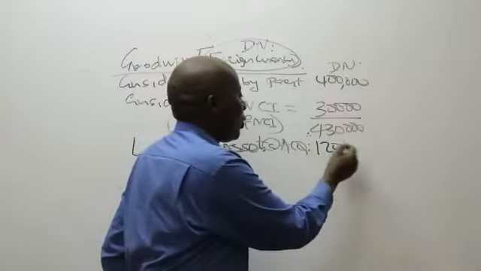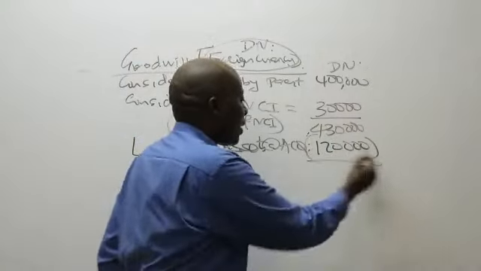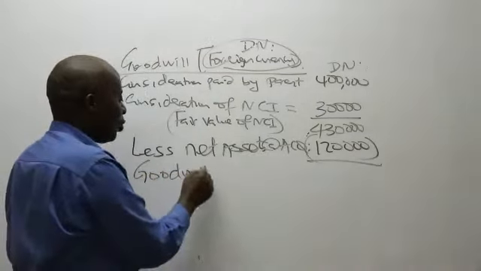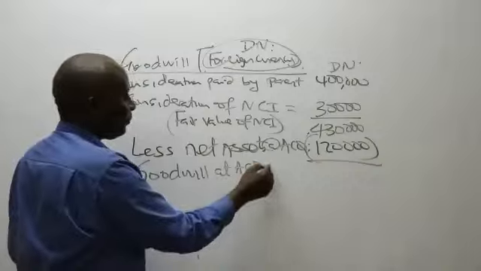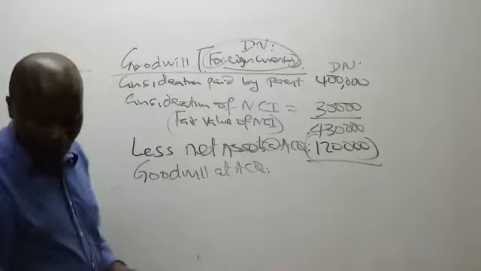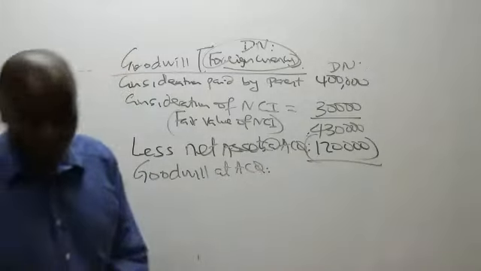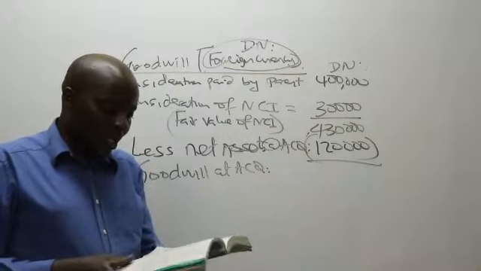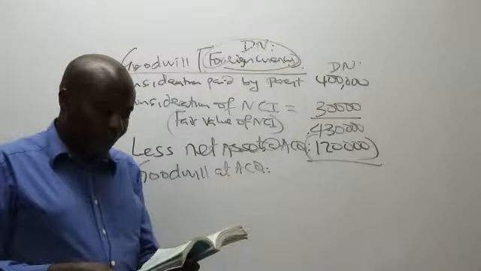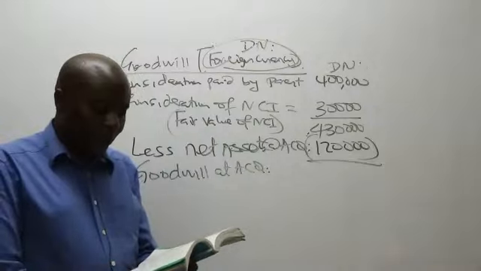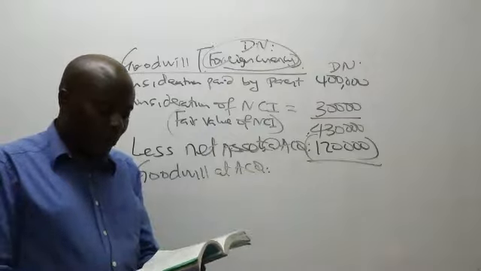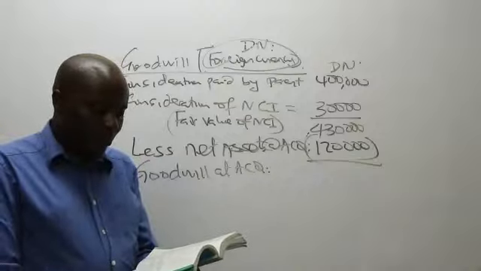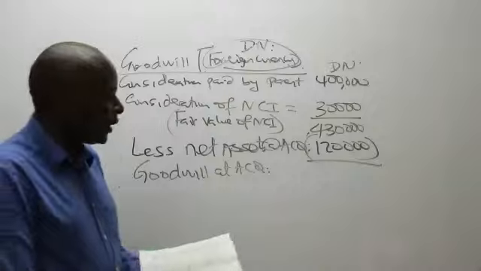120,000. So could you kindly subtract here for you to be able to give me what we call goodwill at acquisition. What are we able to get as goodwill at acquisition? $310,000.